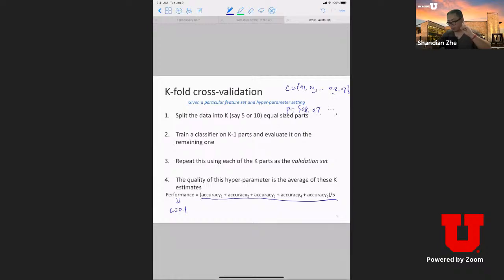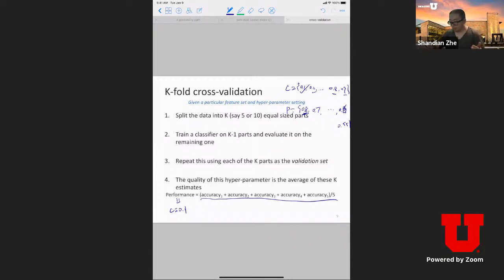And for C equal to 0.8, you get 0.3. No, that's too absurd, right? 0.6, 0.9, you might get 0.55, right? So now you find that, okay, 0.8 is the largest. So you pick the corresponding C value as your final choice.